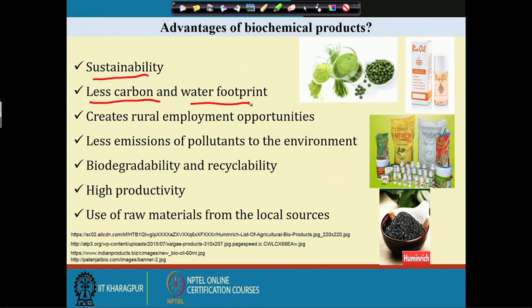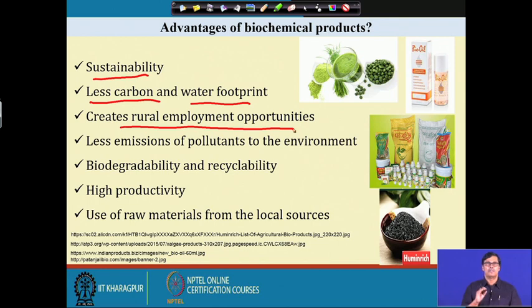Create rural employment opportunity. This is very important, the reason being that this can be used for smaller scale and bigger scale applications. Less emission of pollution to the environment is also very important, because the pollutant coming out should be as low as possible. Biodegradability and recyclability are very important.